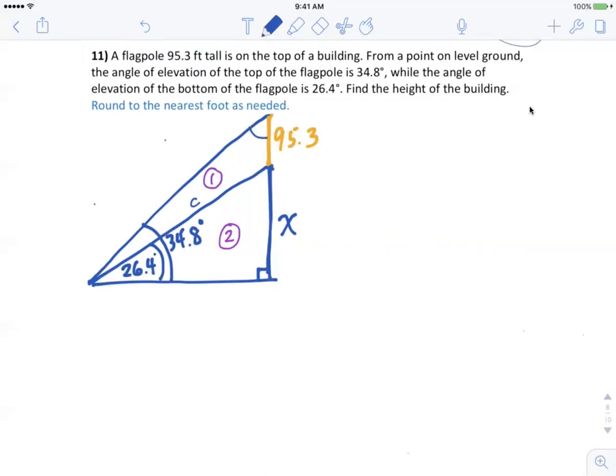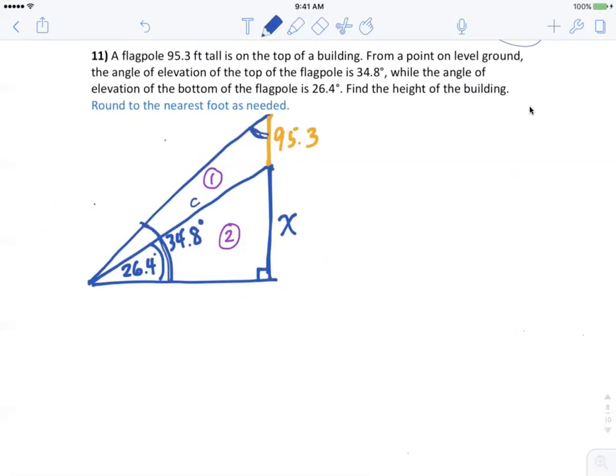So the first step is, let's see if we can find that C, that length of that side. And to do that, we need to find some angles in this triangle. The first one is I'm going to find this angle up here. If you think about the big triangle, the outside triangle, which is a right triangle, I have 34.8 down here.